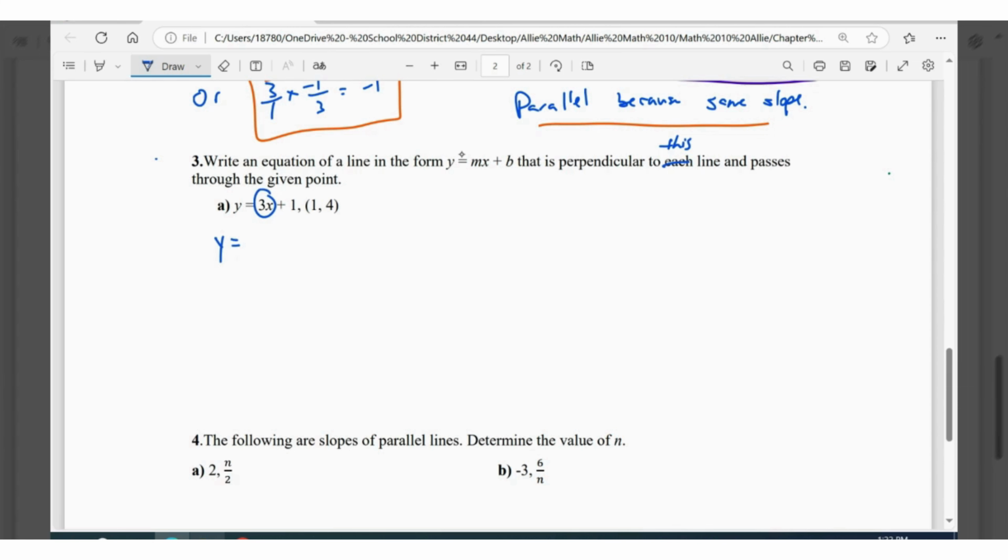So we want it to be -1/3. So instead of 3/1, it's now 1/3, and its opposite, it's negative now. So we're looking for -1/3 x plus b. So we want it to have the opposite reciprocal slope.